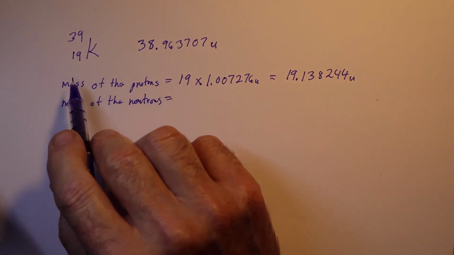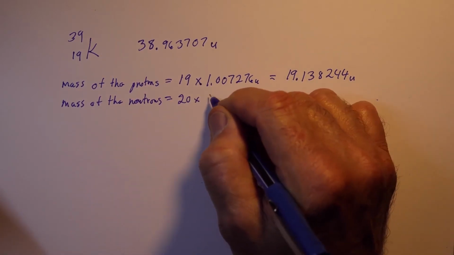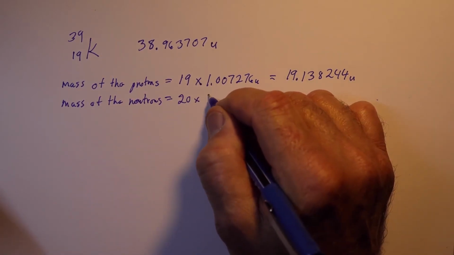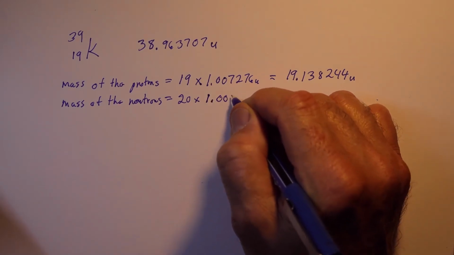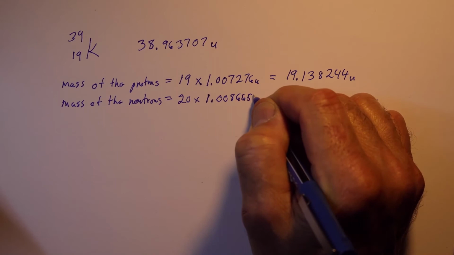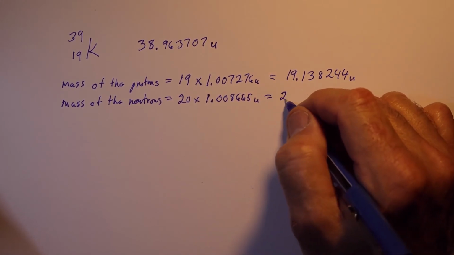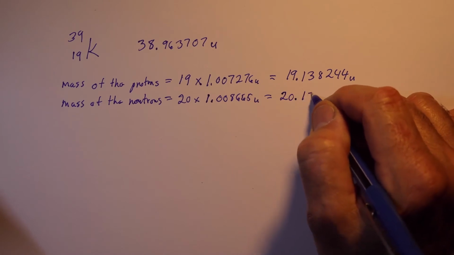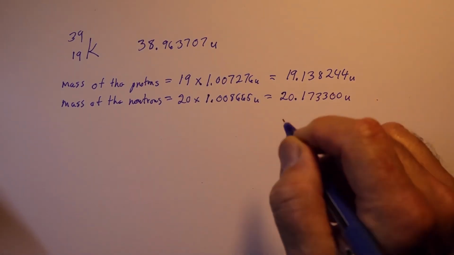The mass of the neutrons: how many neutrons are there? Oh, this one's easy. Subtraction: 20 times the mass of one neutron is 1.008665 atomic mass units. And when we multiply that out, it's 20.173300 atomic mass units.